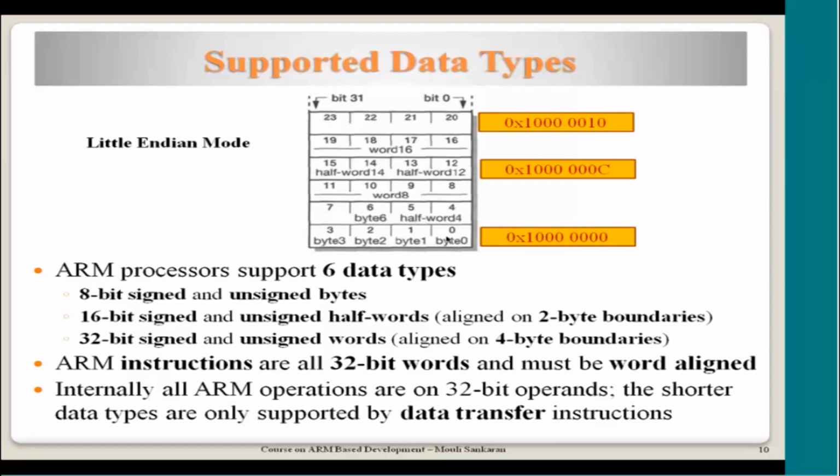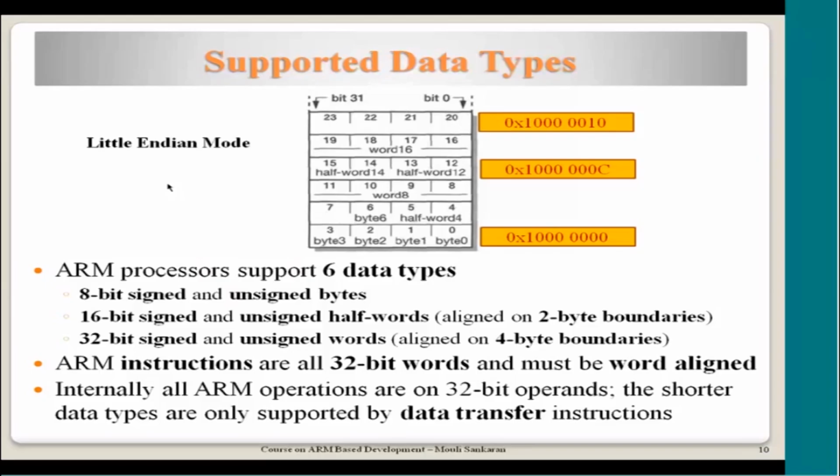Based on that, they have to use the proper instructions while transferring the byte from memory to register. Based on the instruction, the processor will either sign extend it or zero extend it, so that a complete 32-bit value is in the register and it can operate on it.